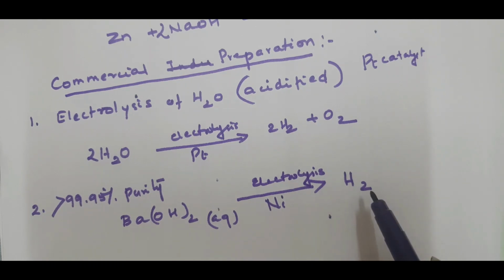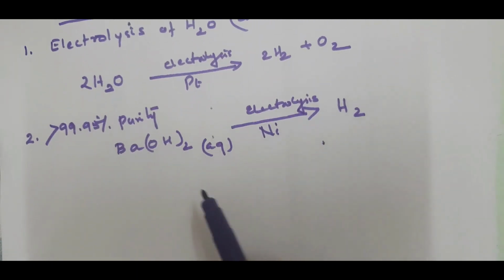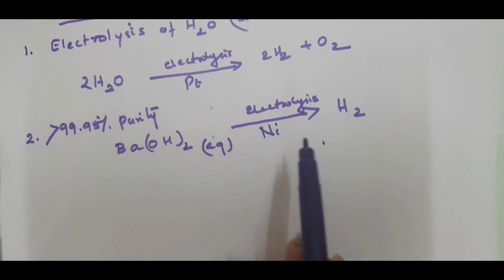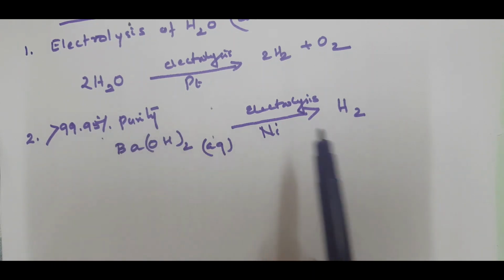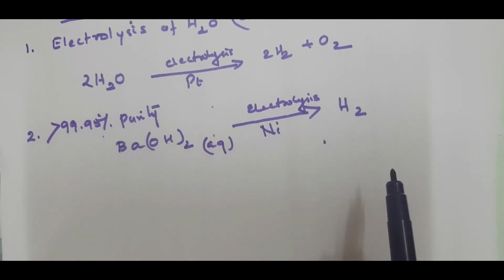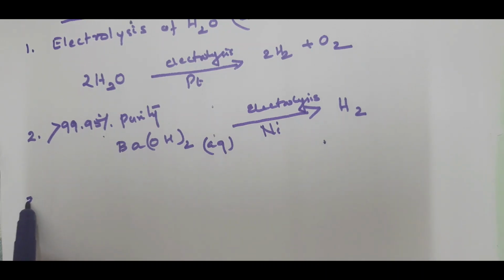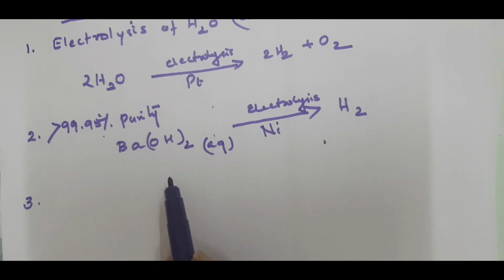So, if a question is asked how very pure hydrogen can be obtained, then you can write this equation: aqueous barium hydroxide on electrolysis gives hydrogen of high purity, greater than 99.95% purity. Clear?